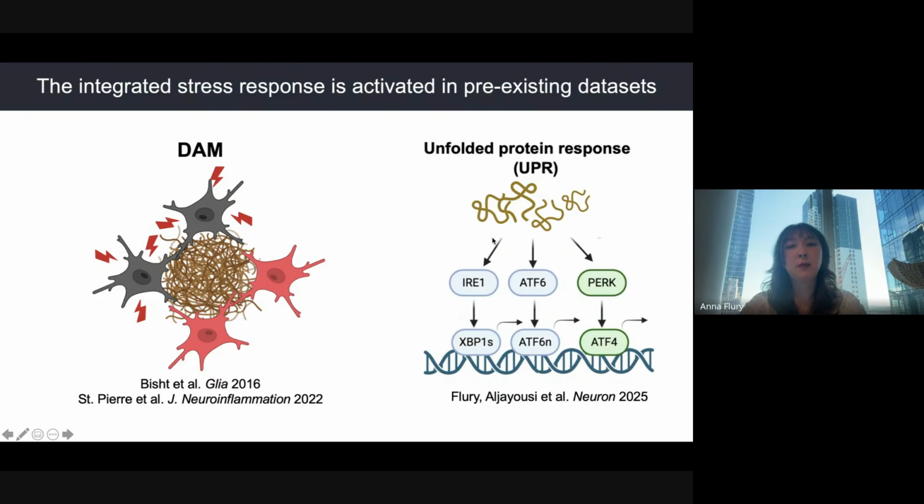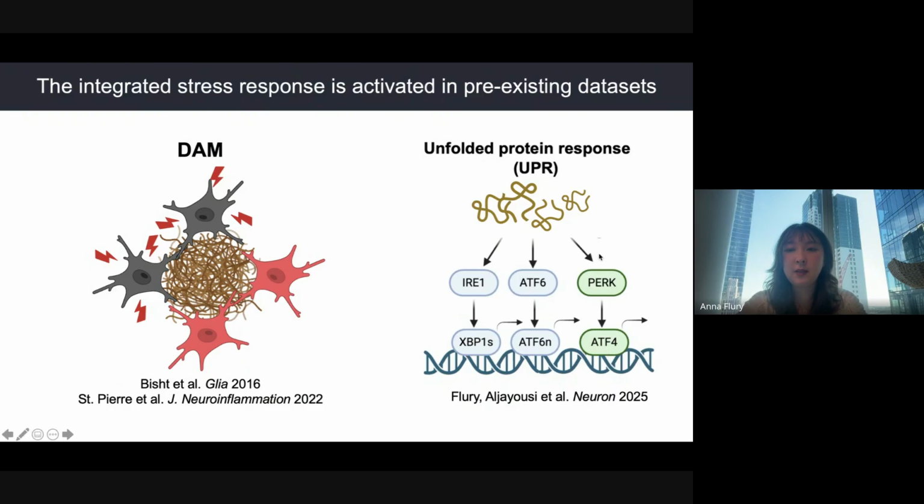And there are 3 arms of this response. We looked for evidence of activation of this pathway in existing microglia data sets for microglia in Alzheimer's disease. And interestingly, what we found was that there was one arm in particular, the PERK ATF4 arm, that was consistently activated across subsets.